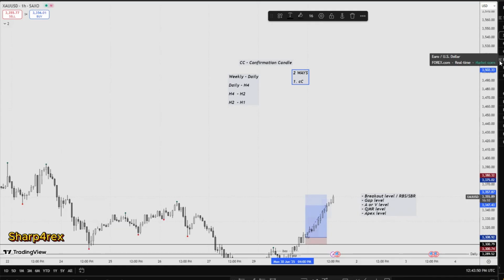And then two is the EQ. But what does the EQ mean? EQ stands for equilibrium.